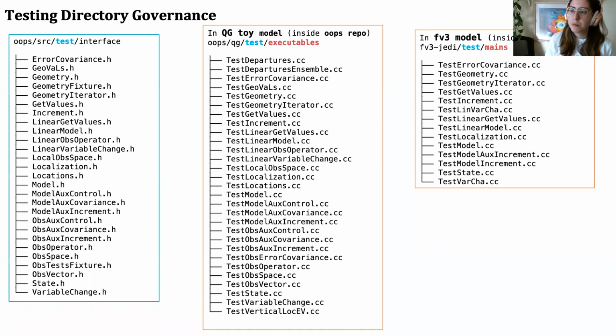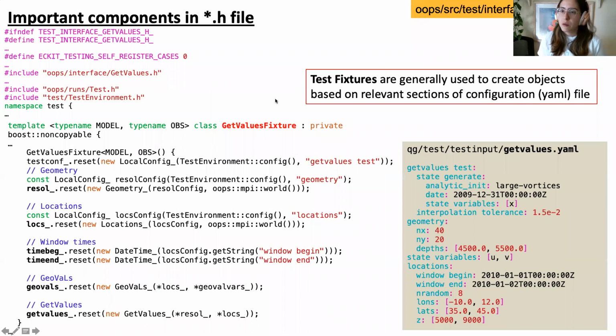Okay, now we're going to see what's going on in each of these header files and .cc files. In this slide and the next couple of slides, I'm going to specify some of the important components that we need to have in our test header file. I took this example from getValue.h, so you can find it in the oops repositories under this kind of path.